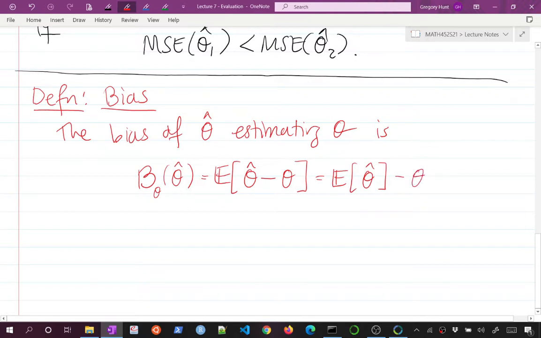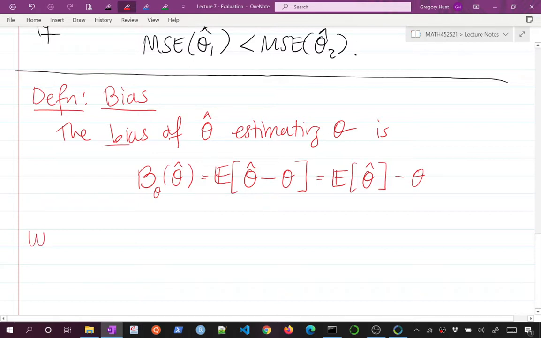So you could write either that the bias is the expected value of theta hat minus theta, or the difference between the expected value of theta hat and the true value of theta. Either way, these are equivalent statements. So this is the bias of an estimator.